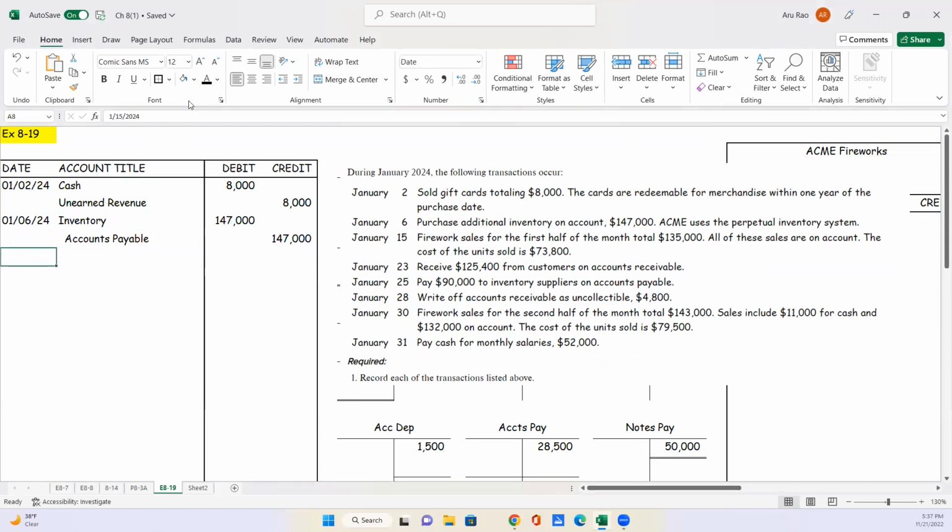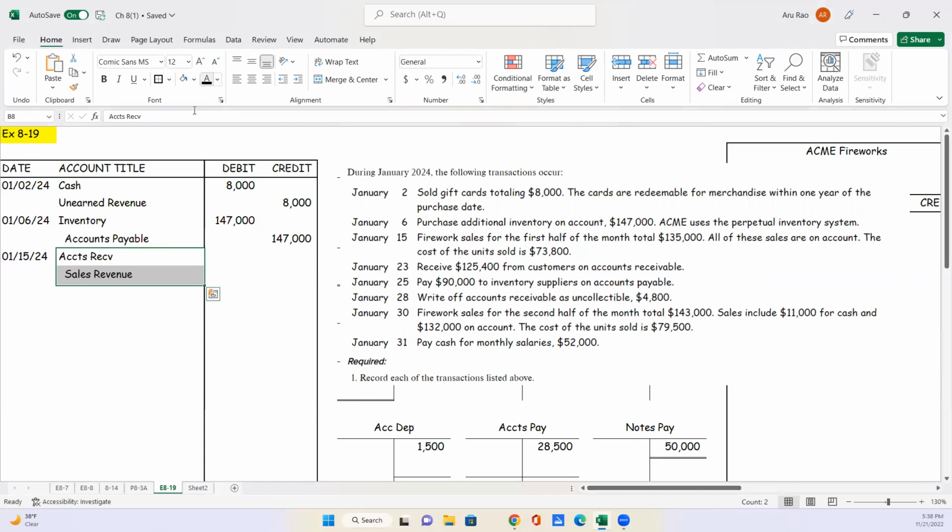$147,000. On the 15th, I'm recording the sales that happened in the first half of the month. This totaled $135,000. All of it was on account. And the cost of the goods sold is $73,800. Again, since I'm using the perpetual inventory system, I will do 2 journal entries.